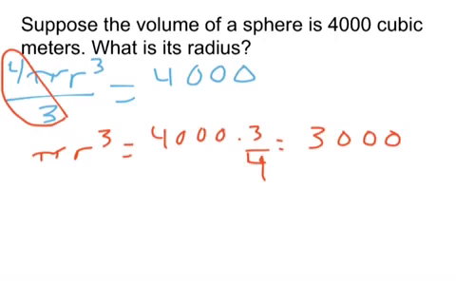Okay, well, I don't have my radius by itself yet. That pi is hanging around, so let's divide both sides by pi.